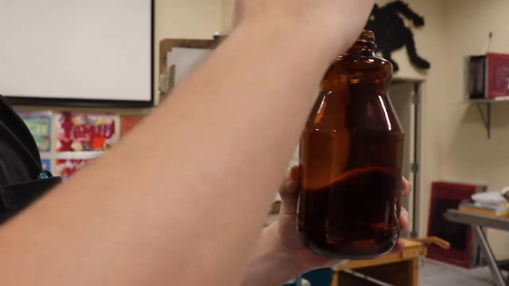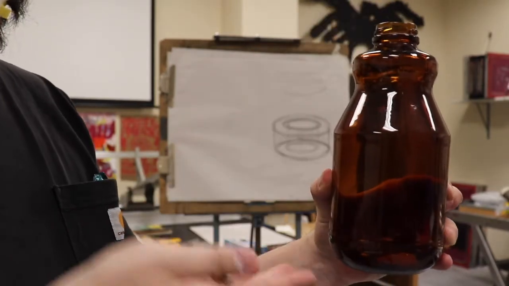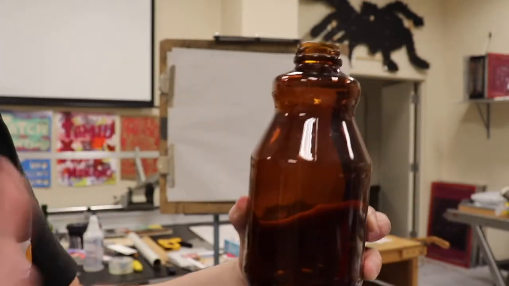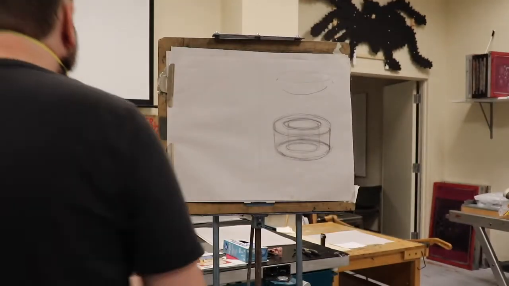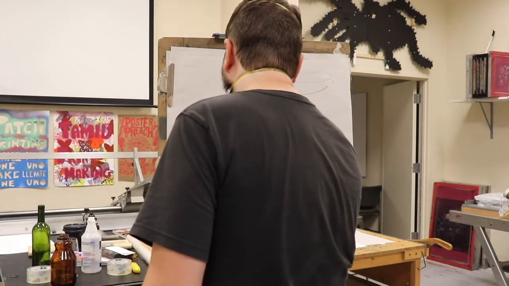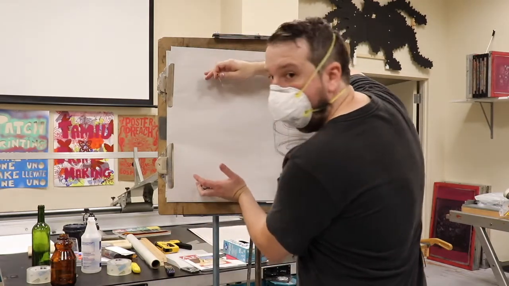I want you to build it from the bottom to the top. But first thing we have to do is figure out what space this is going to occupy on my drawing. So I'm going to do the same exact thing with this. I'm going to figure out what's going to be the bottom, what's going to be the top, so I can fit it in here.